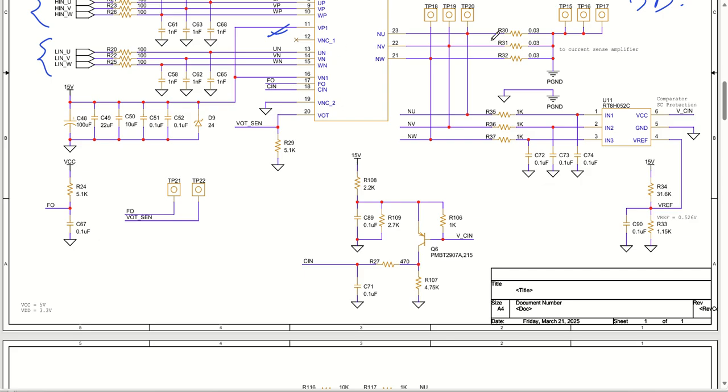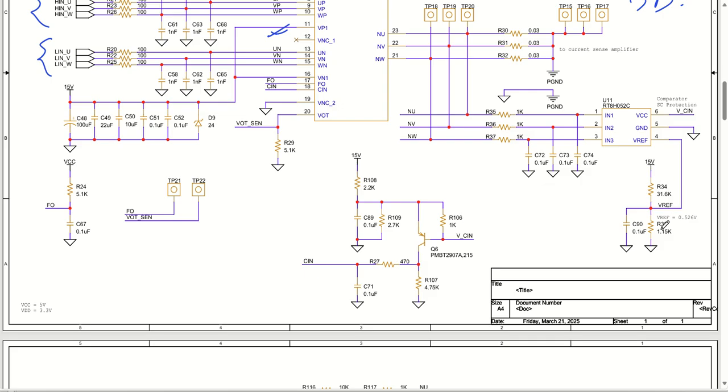This is how it will be short circuit protected. The voltage reference for this particular circuit has been designed through this 15 volt itself, and the value is 0.526. You can utilize 31.6 kilo ohm and 1.15 kilo ohm.